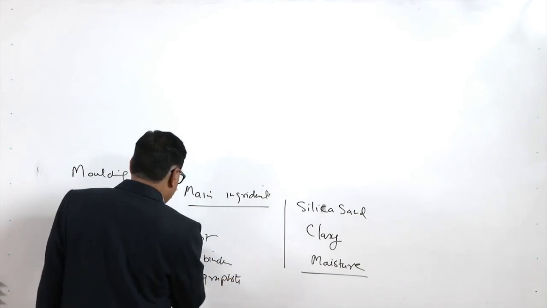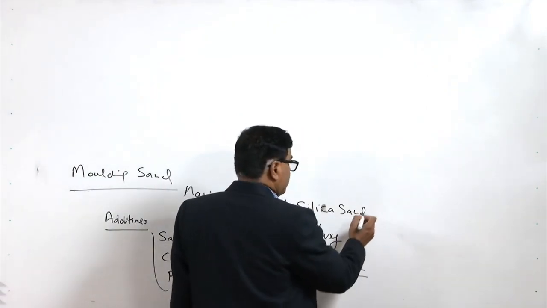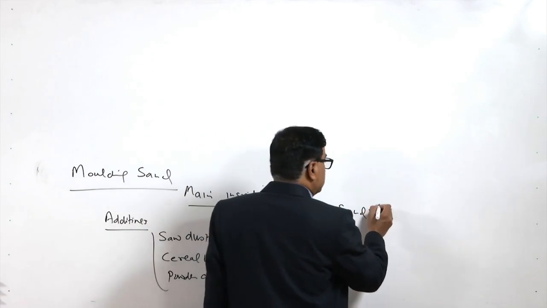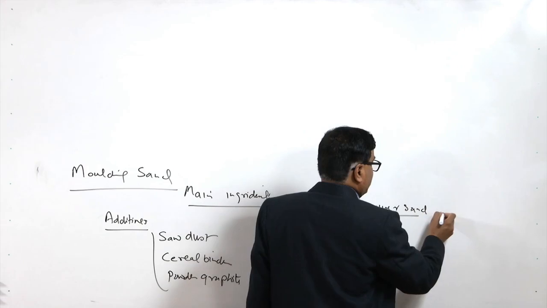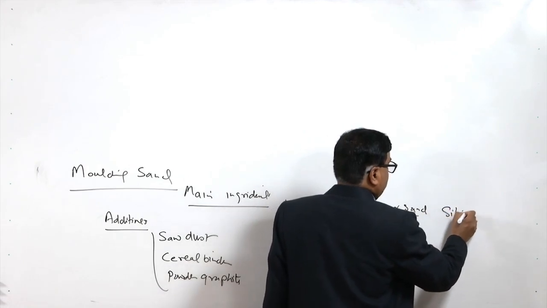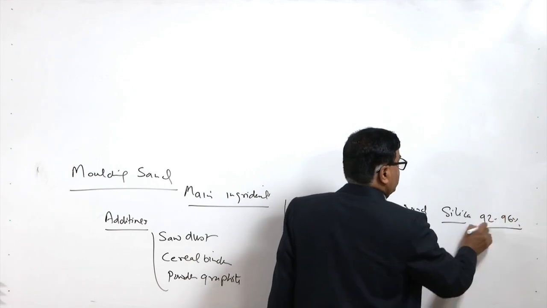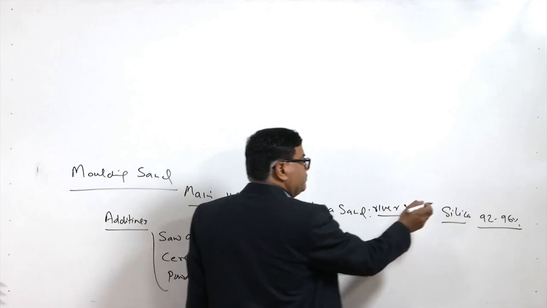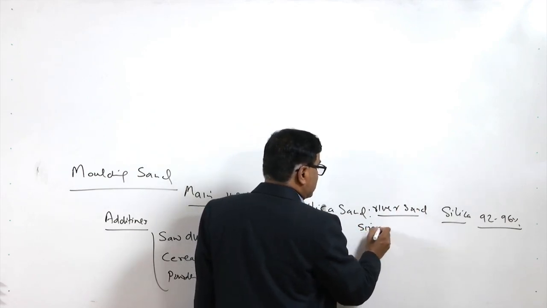So, these offer some specific characteristics about which we will talk later on. Basically silica sand, this is, you can say, the river sand which has silica of 90 to 96% normally, and this has a variety of sizes.